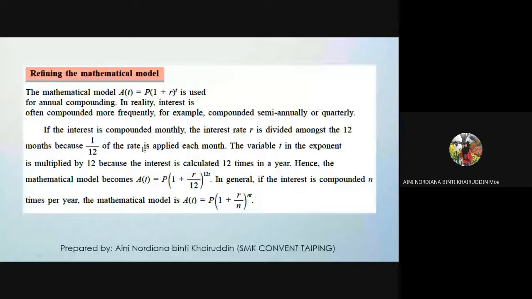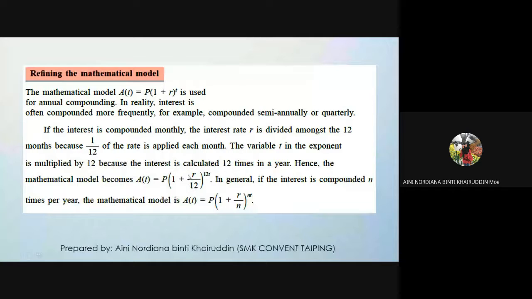The variable T in the exponent is multiplied by 12 because the interest is calculated 12 times in a year. Hence, the mathematical model becomes, ini adalah formula untuk compound interest.